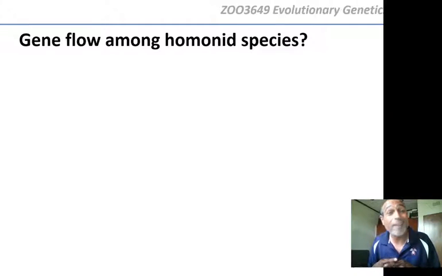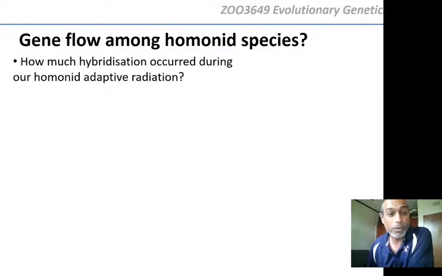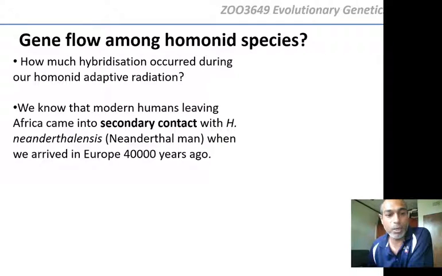You are saying, "Prof, how could we mate with a Neanderthal?" Well, very easily. We know that it happened. How do we know that it happened? How much hybridization occurred during our own adaptive radiation?